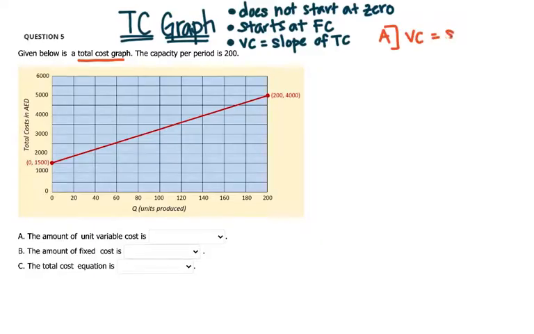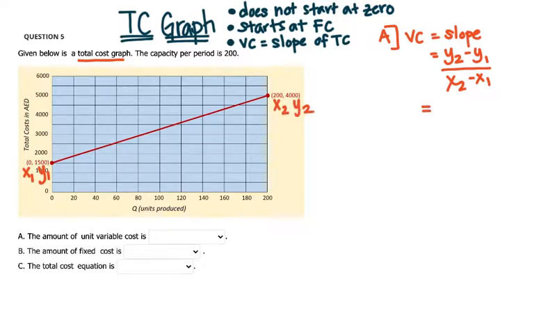So the variable cost equals the slope, which is calculated by doing the difference of the y's, y2 minus y1, divided by x2 minus x1. And you may ask, where do I get the points? Choose the endpoints. This endpoint is x1, y1. This endpoint is x2, y2.